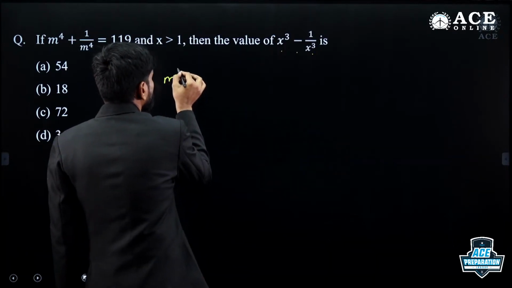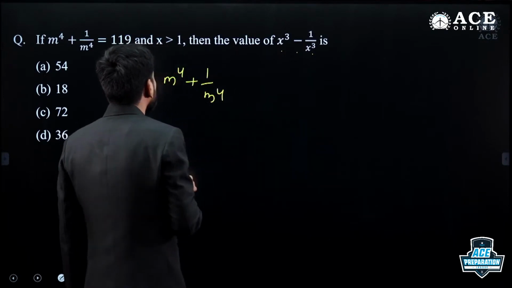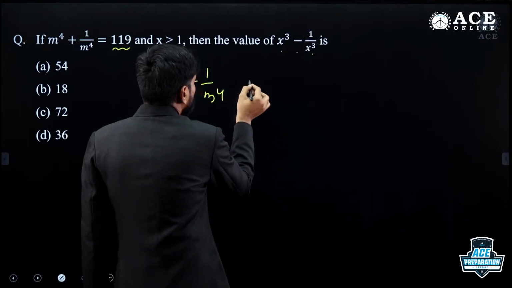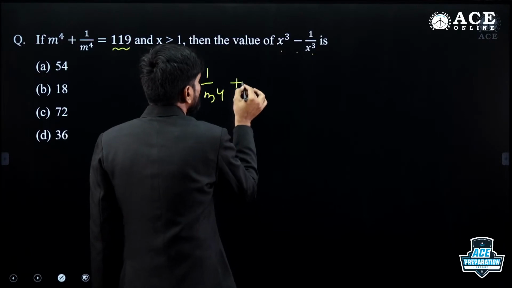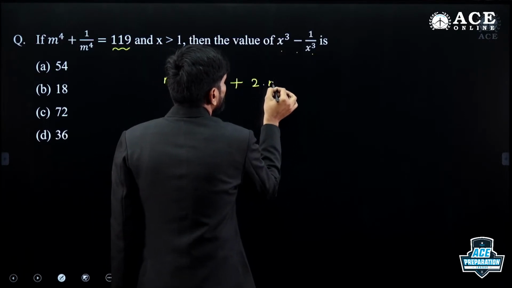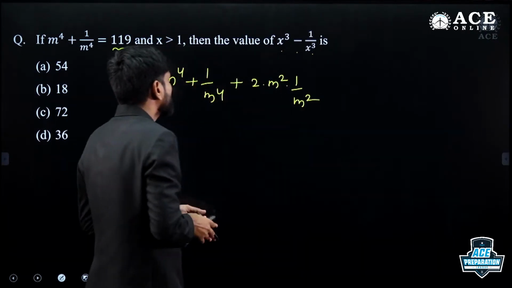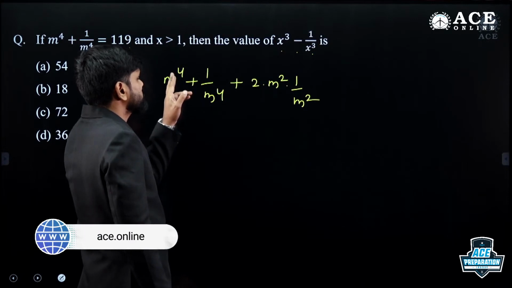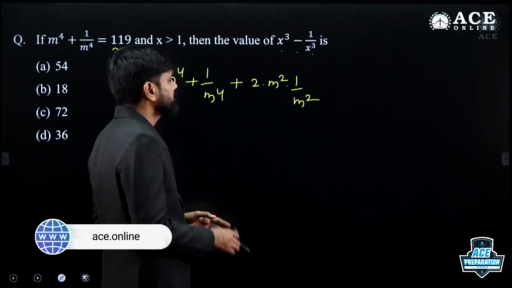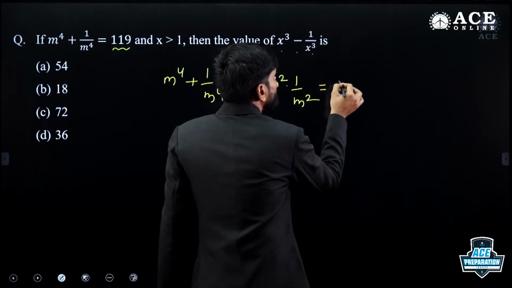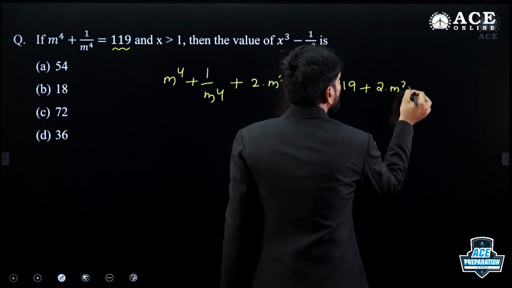So from this I can say that m power 4 plus 1 by m power 4. If I take minus 2 here, I have to put minus 2 on the other side, that will not become a perfect square. So I'll just put it as plus 2, so plus 2 into m square into 1 by m square. It is like m square is nothing but x, let us say. This is like x square plus 1 by x square plus 2 into x into 1 by x. That must be equal to 119 plus 2 into m square into 1 by m square.